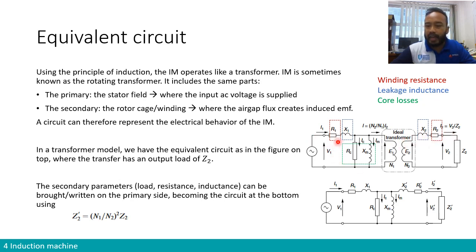And then you have X1 and X2. What is X1 and X2? X1 and X2 is basically representing the energy absorbed by inductor. But in this case, it's not the real inductor that is magnetizing the circuit of the motor or the transformer. It is the leakage inductance, represented as X1 and X2.